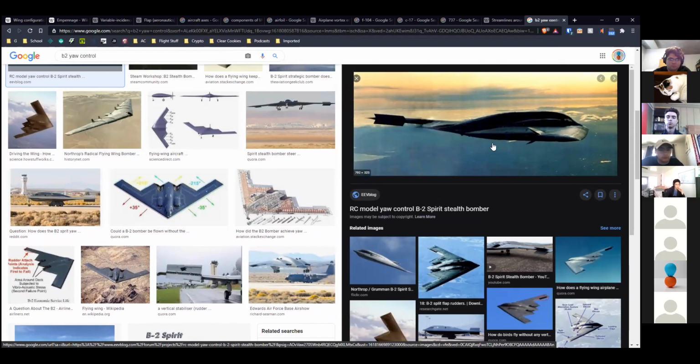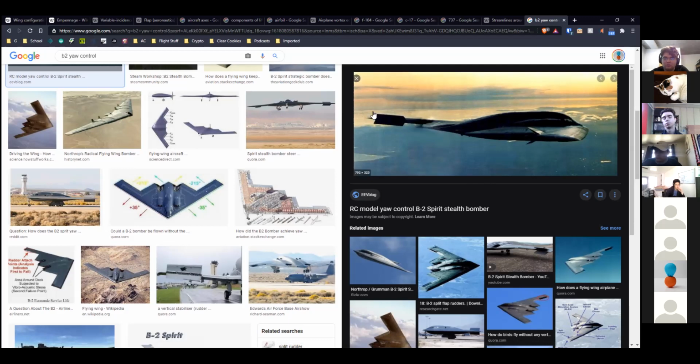So the yaw damper, which is how the computer controls the yaw, will basically always try to keep the plane coordinated, which means that the nose is pointing in the same direction as the velocity vector. If you're uncoordinated, the nose is pointing in a different direction to the velocity vector, like you're yawed in a direction that's not the same direction you're flying. But by default, the computer will control the yaw damper to keep you coordinated.